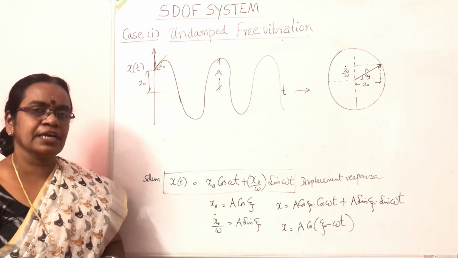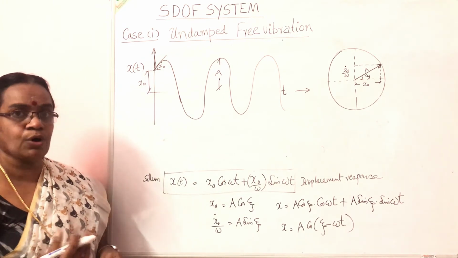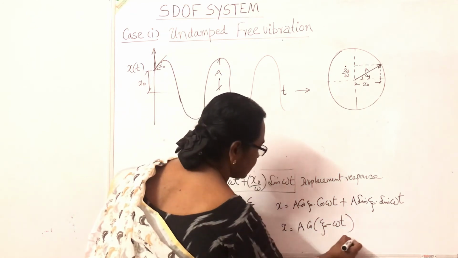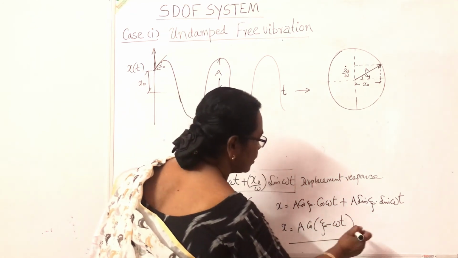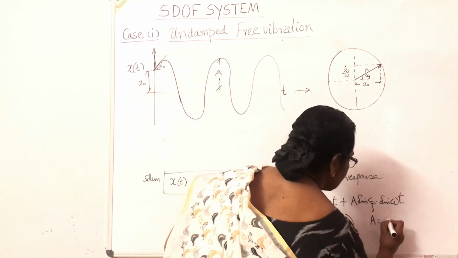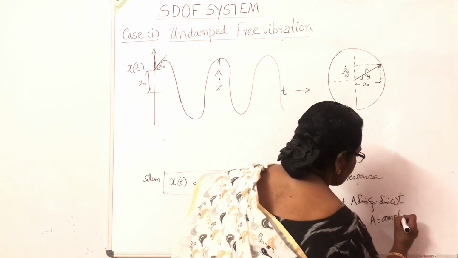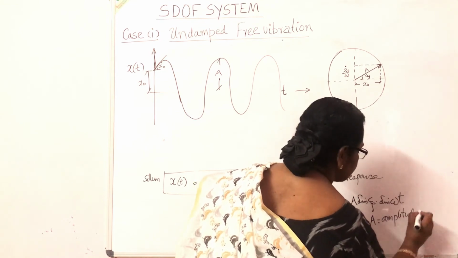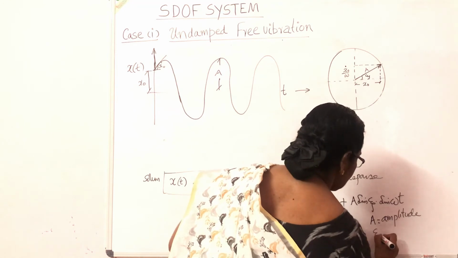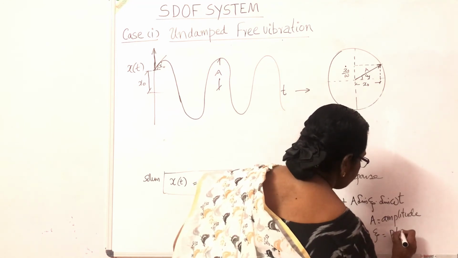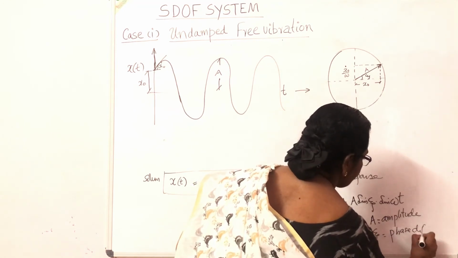The displacement at any time can be expressed in terms of the amplitude, where A is the amplitude of motion. Amplitude means the maximum displacement from the mean position, and psi is called phase difference.